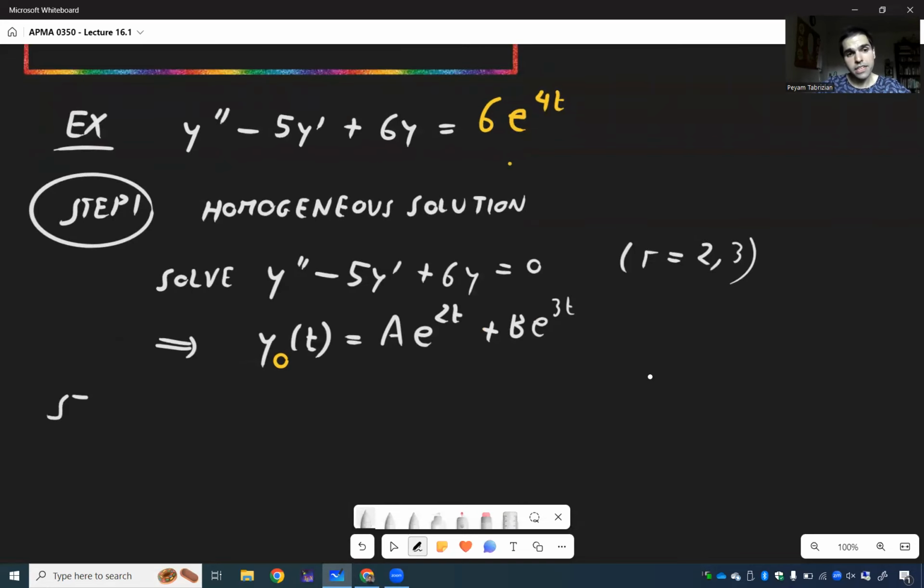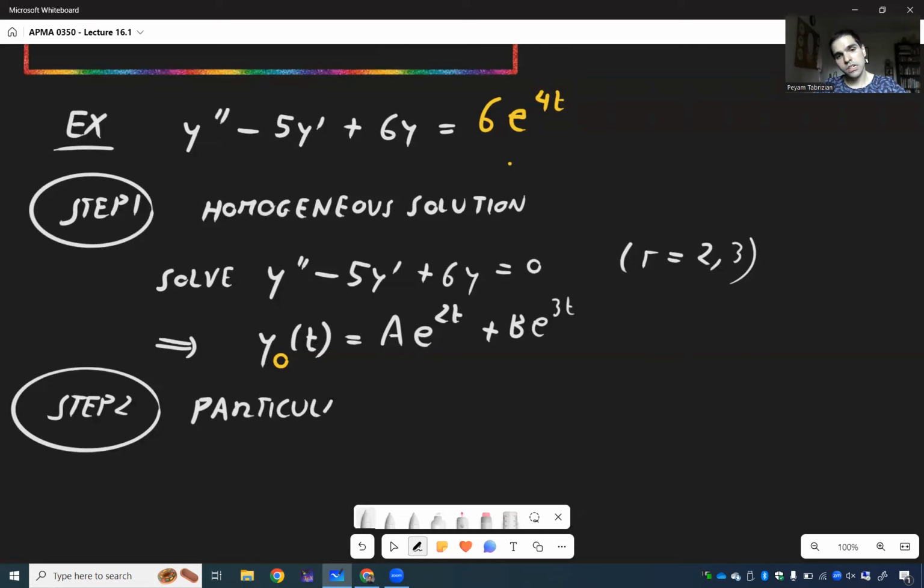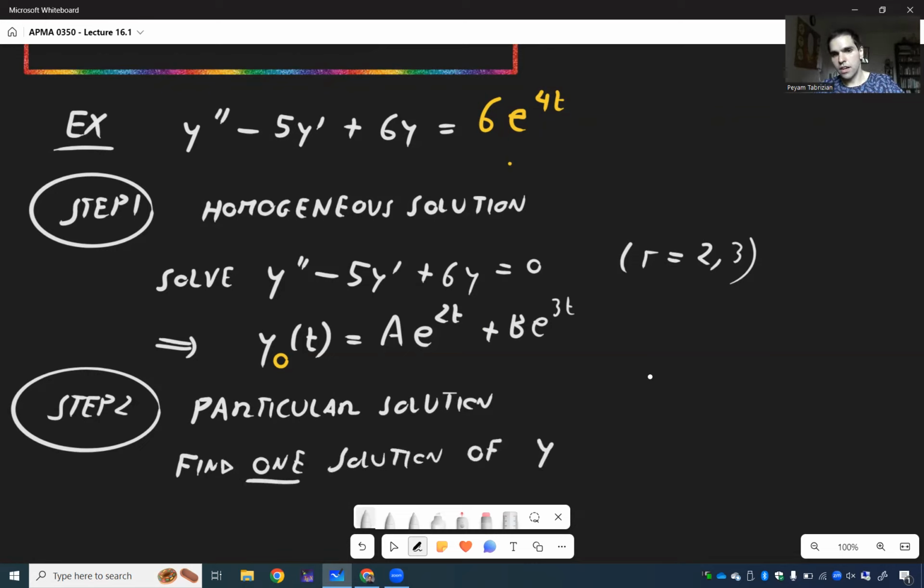The next step is to find what's called a particular solution. Meaning, find one solution of the original equation, y double prime minus 5y prime plus 6y equals 6e to the 4t.